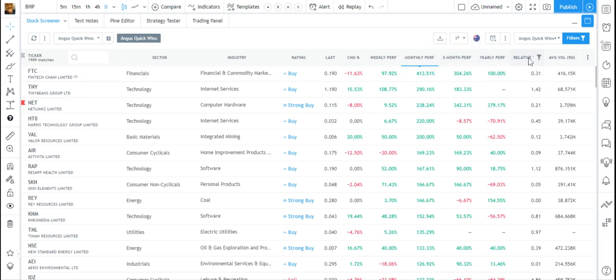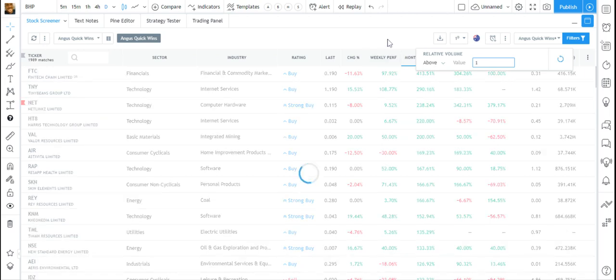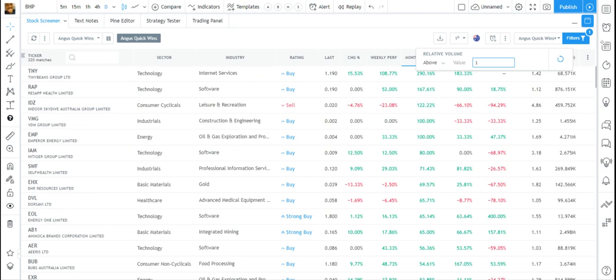The most important one that I've got on this sheet is relative volume, and I've got average volume. And so what I want to do is look for any stocks where the relative volume is above 1. And sometimes I'll set this to show me the ones that are above 2, but above 1 is good. So it basically means that their relative volume is 100% greater than what it was in the previous period.